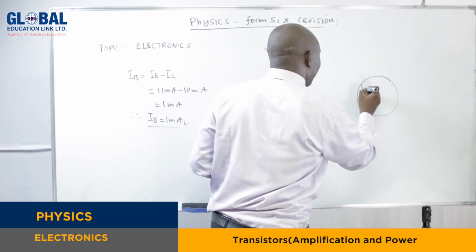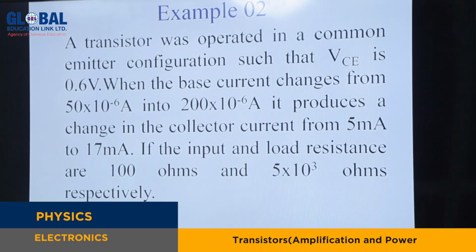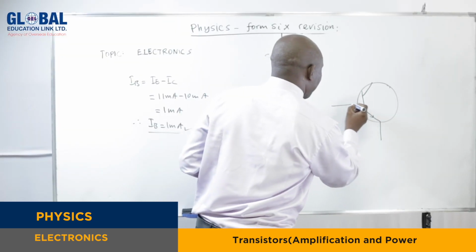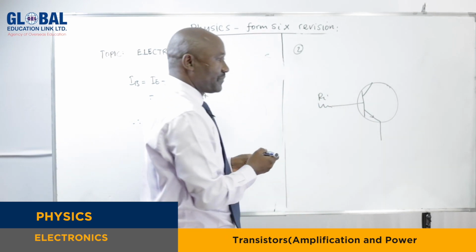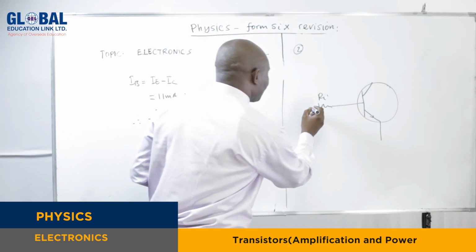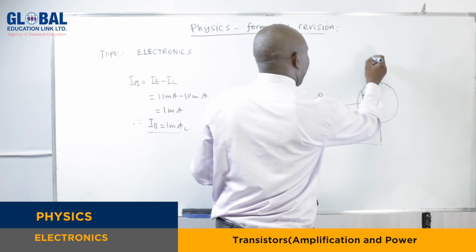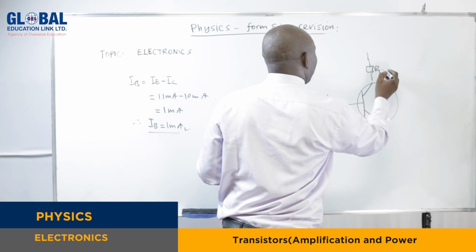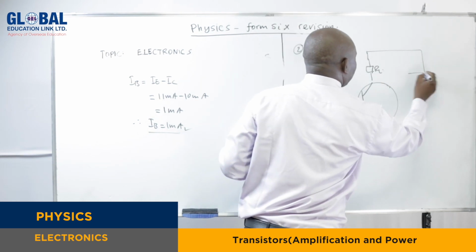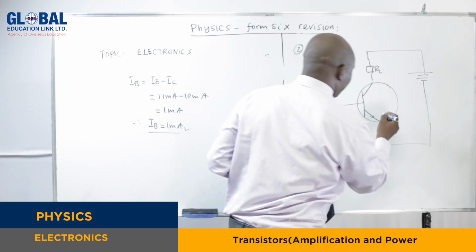This circuit here is in the common emitter, and it is operated in the common emitter. We can use maybe an NPN transistor, such that we have the input resistance given here, the input voltage given here, and the collector resistance here, RL, and the supply voltage across that.